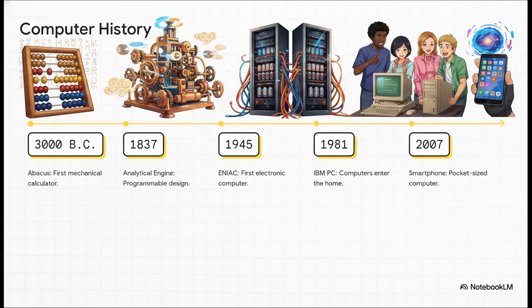Then we take a massive leap in 1945 with the ENIAC, the first truly electronic computer. By 1981, the IBM PC finally brought these machines into our homes and offices. And then, bam, in 2007, the smartphone arrived. That basically turned the computer into a pocket-sized portal to the entire internet, complete with a camera and apps.